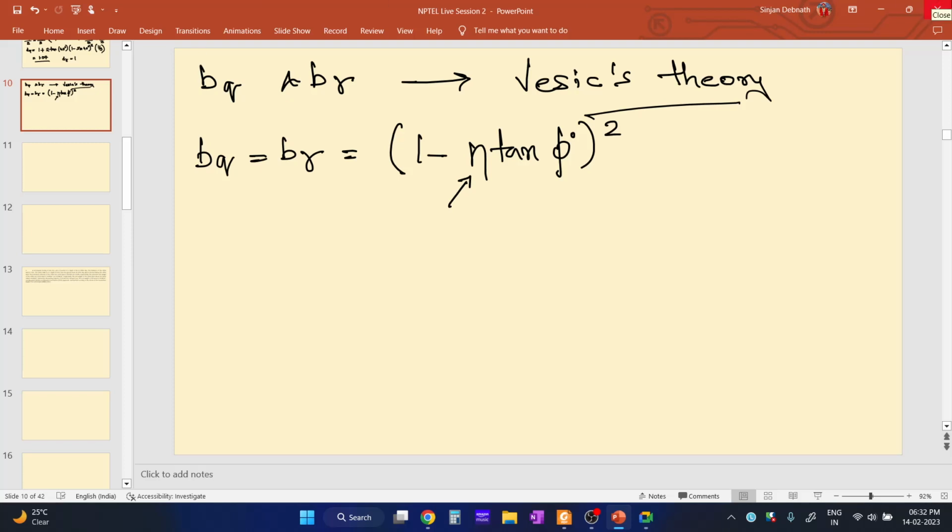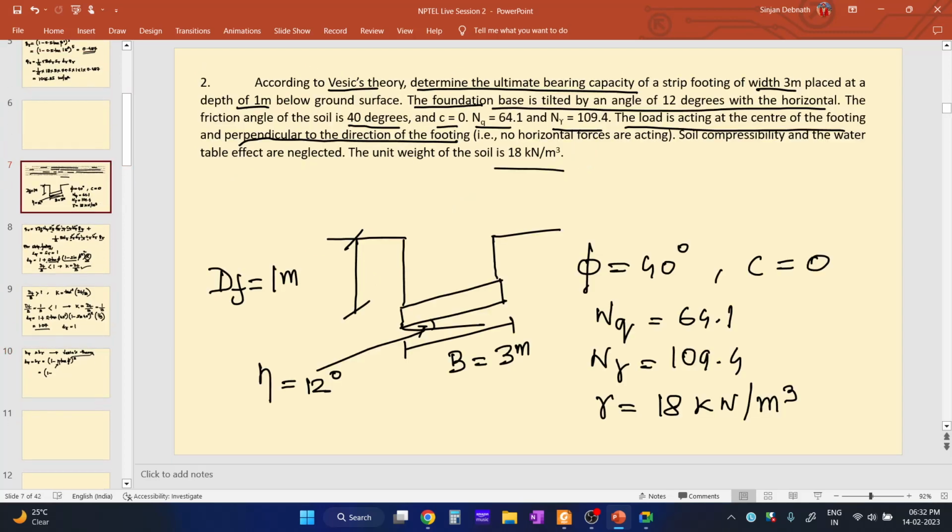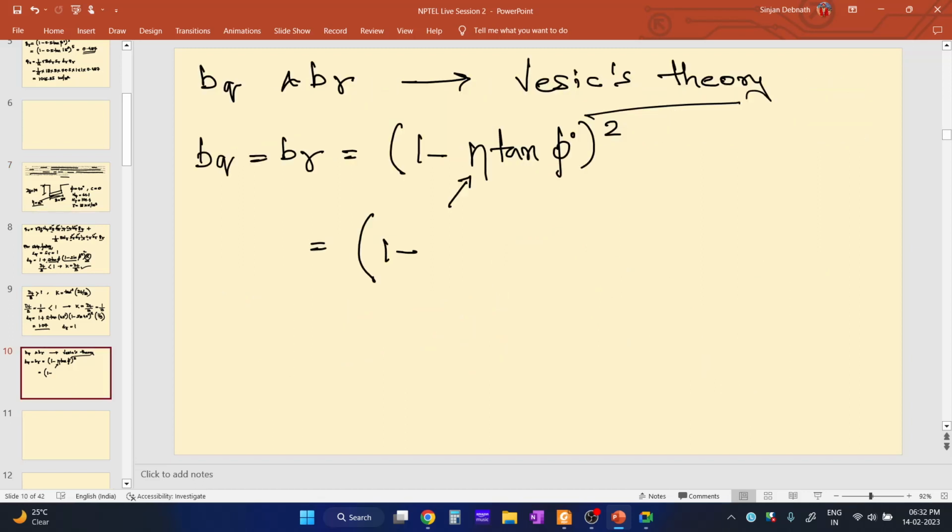So now let's find it out. What is the angle the foundation base is making with the horizontal? It is 12 degrees. So eta is 12 degrees, and this one is in radians, so I am converting 12 degrees into radians by multiplying by pi by 180.